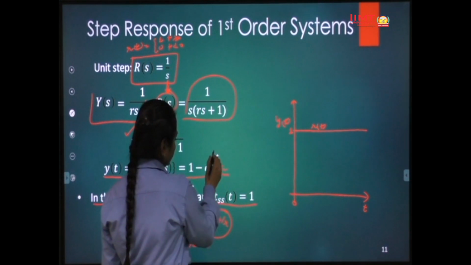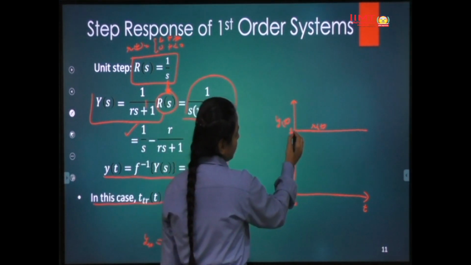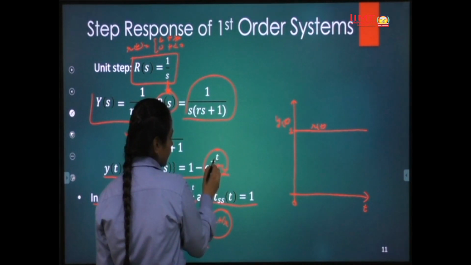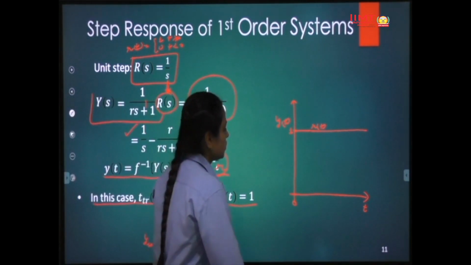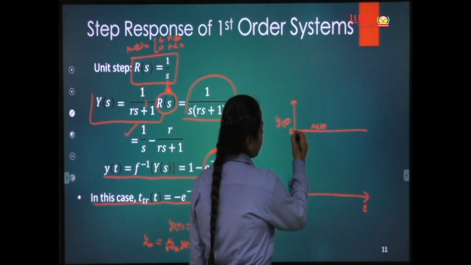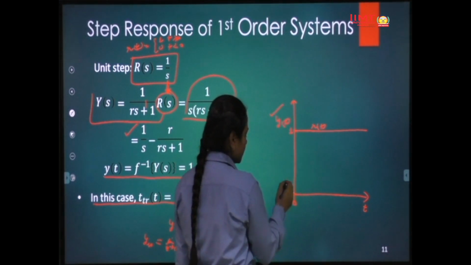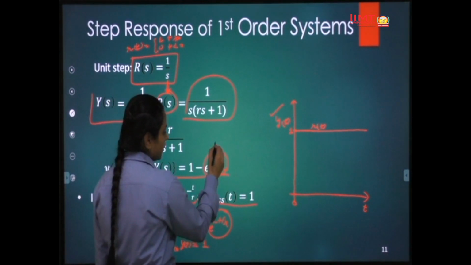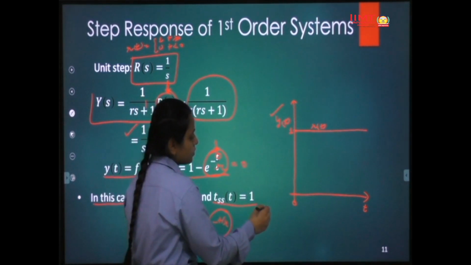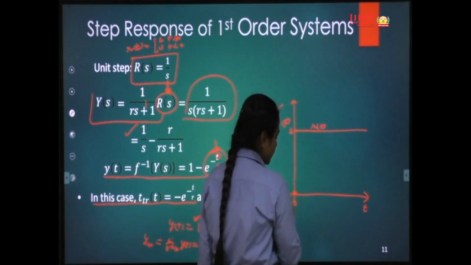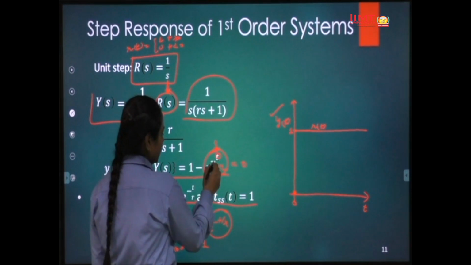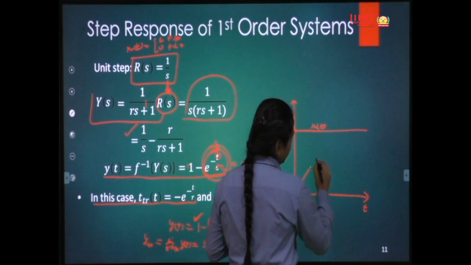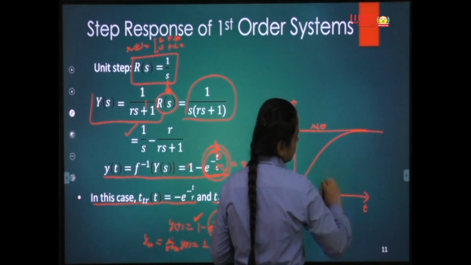At t equal to 0, if we put t equal to 0, this would become 1 and this would become 0. So at t equal to 0, y would be 0, and at t equal to infinity, this term becomes 0 and this becomes 1. So we get the time response like this.